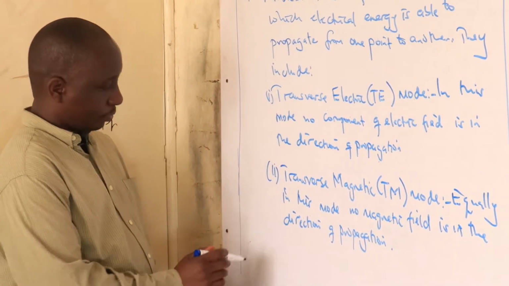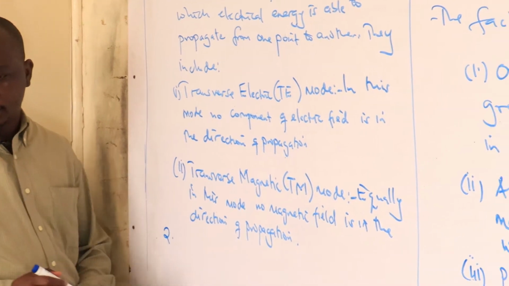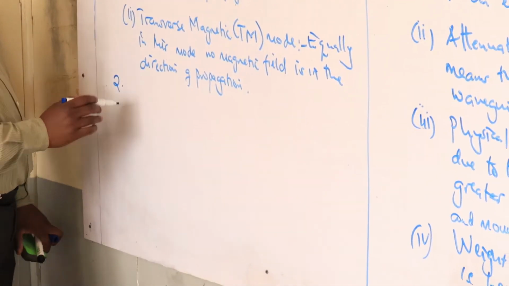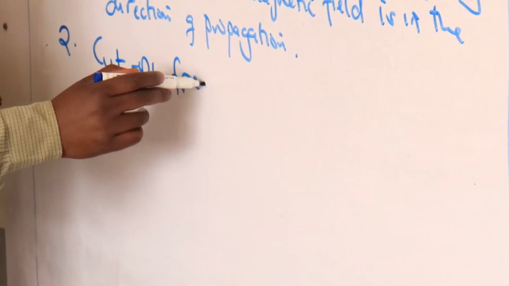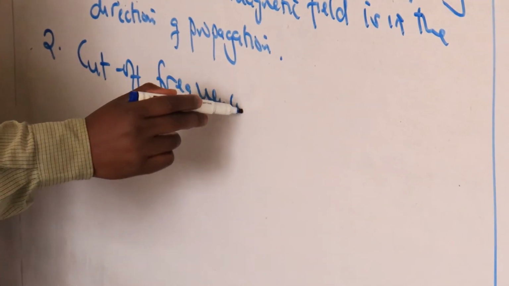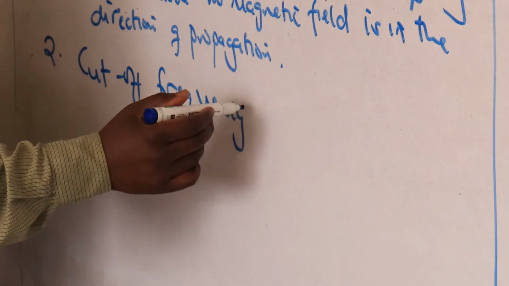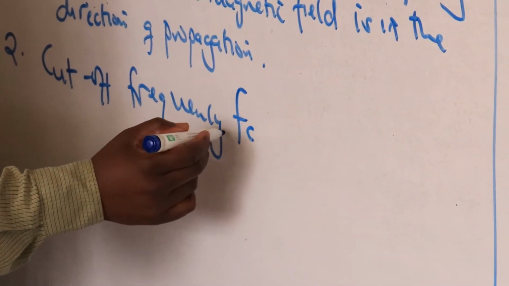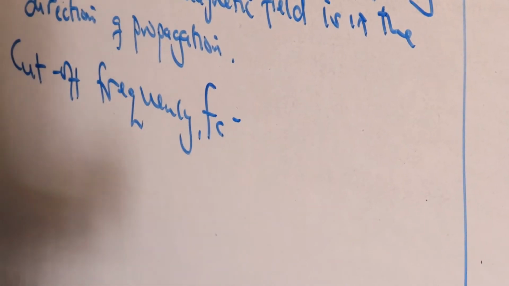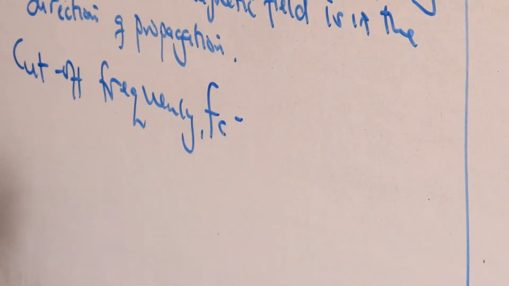So our term number 2 that we are going to look at is referred to as the cut-off frequency, FC. C is a subscript for cut-off frequency.